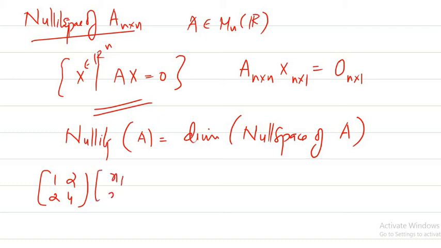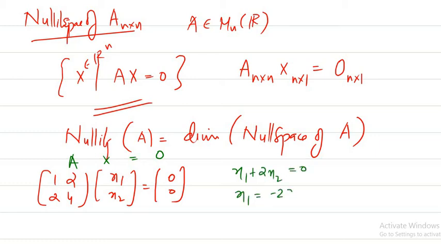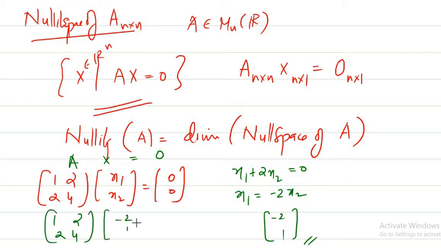We have only one equation here, that is x1 plus 2x2 equal to 0, or x1 equal to minus 2x2. If we give x2 as 1, we get x1 as minus 2. So this is one solution, an element for which Ax is equal to 0. That means this belongs to where?